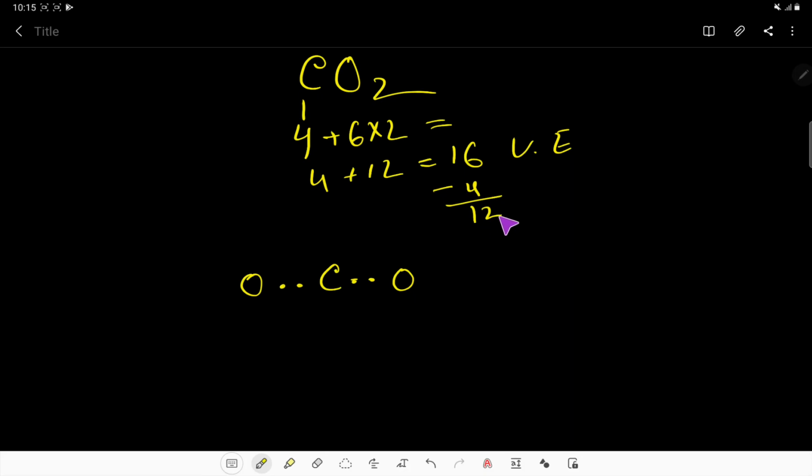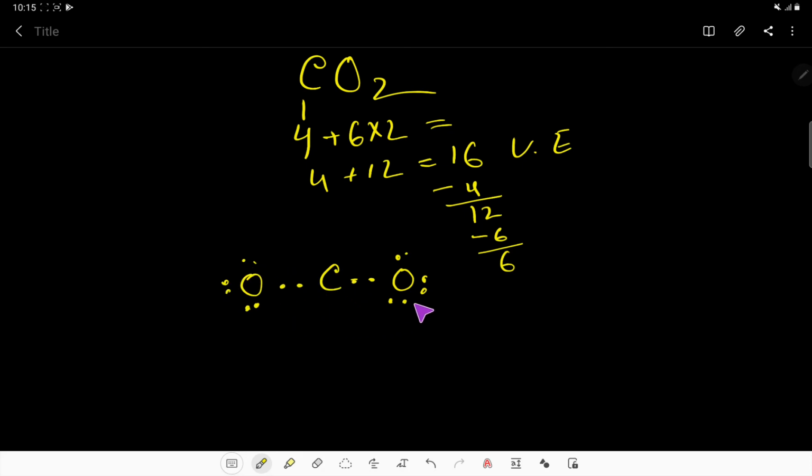Now these 12 valence electrons will be used to satisfy the octet of the outer atoms first. So this oxygen has 2, so it takes 6 to make 8 valence electrons. So here we have used 2, 4, 6, so we have 6 left. So these 6 electrons will come here, right? So look, this oxygen has 2, 4, 6, 8, right?